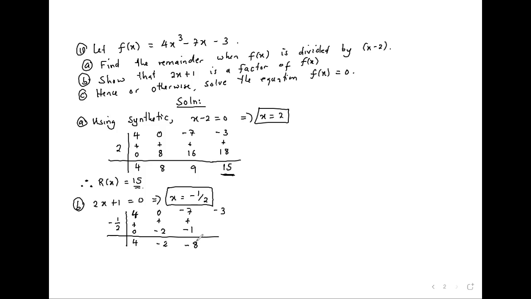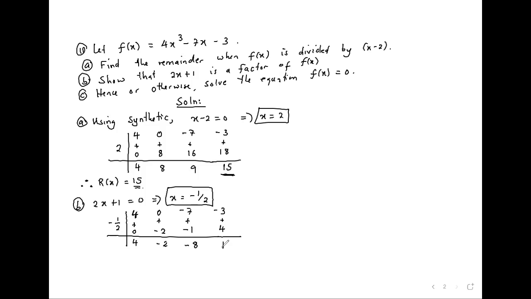I'm a bit confused. I'm not seeing it working out, but we continue. Negative half times negative 8 has to be positive 4. When we add, we get a positive 1.